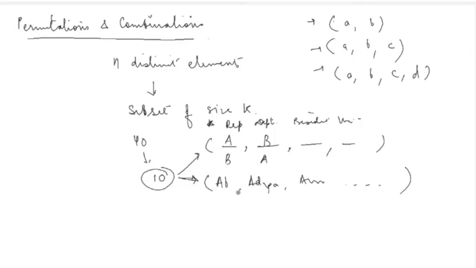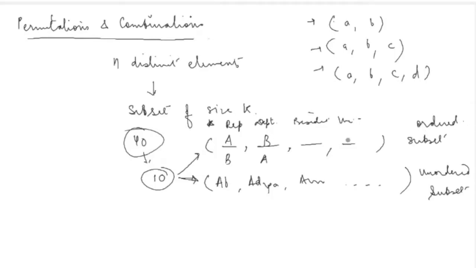For both of these cases, हम एक subset बना रहे हैं out of a group of 40 students. दोनों केस में subset बना रहे हैं, लेकिन जो पहले वाला केस है, that is an ordered subset, whereas the second case is an unordered subset. In the second case, the order doesn't matter. Whether I'm selecting A first, B first, C first, doesn't matter, because ultimately I'm interested in the group of 10 people. मेरे को order matter नहीं करता है. So the second case is an unordered subset and the first case is an ordered subset.